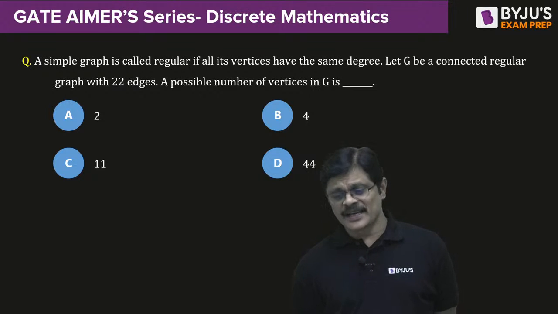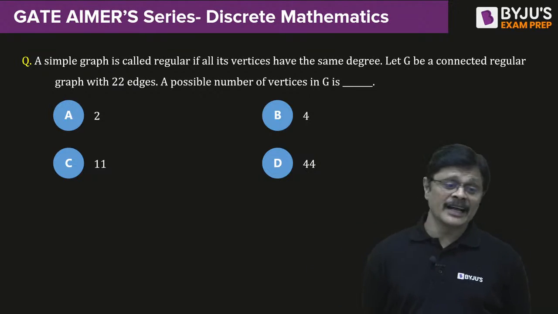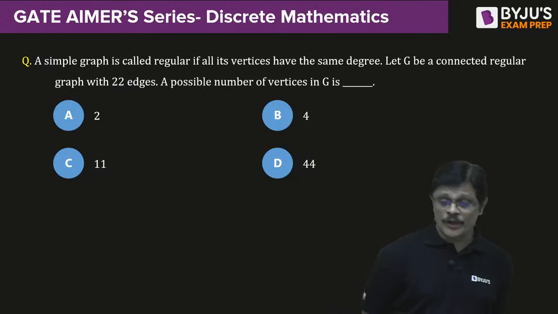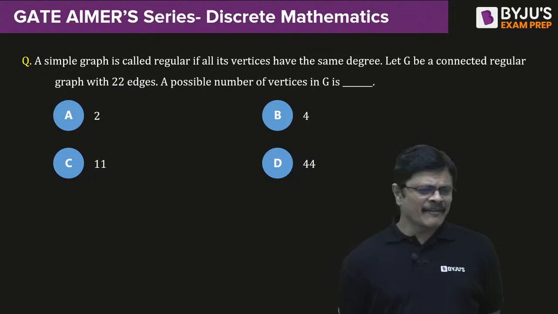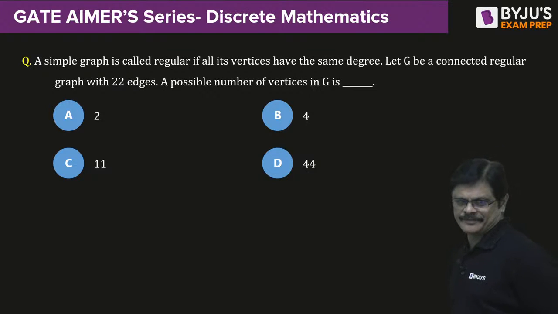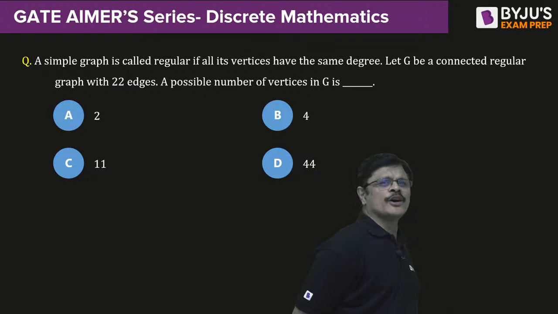That is what it says. Let G be a connected regular graph with 22 edges. In the given options, which one is the possible number of vertices of the graph?